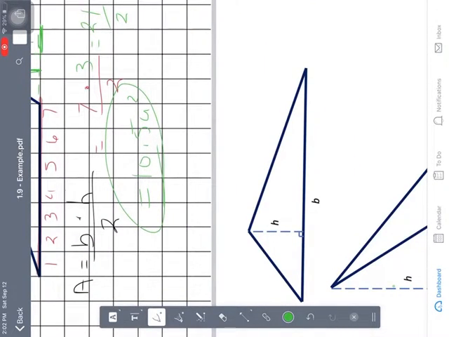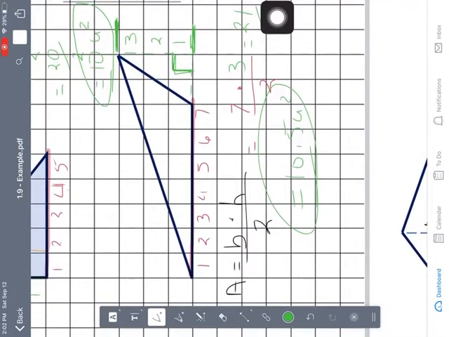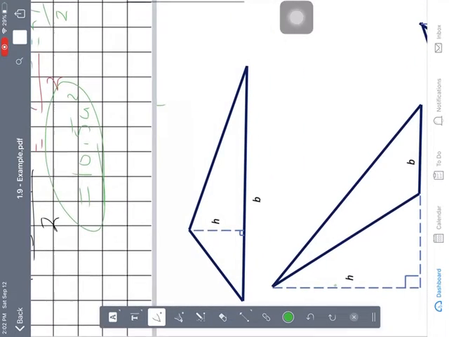Okay, I want you guys to notice that down here I have this triangle, right? And I've labeled my base and I've labeled my height. But the cool thing is, that is the exact same triangle that I used up here. All I did was flip that particular triangle onto a different side, okay?